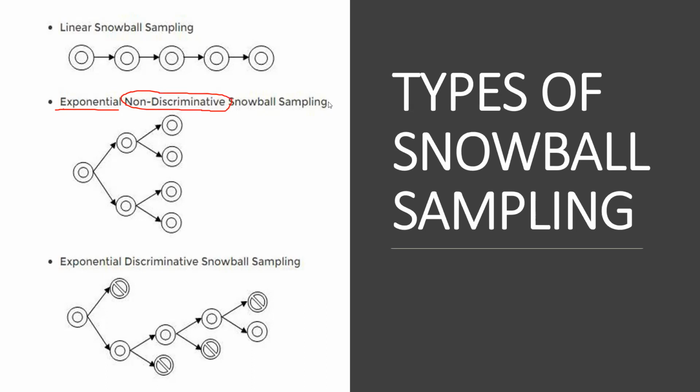We also have the exponential type of snowball sampling, but it is discriminative. Let's say we have left and right hand. An individual will select two individuals, and the one that represents their left hand will now be excluded from the study. Hence the name discriminative.